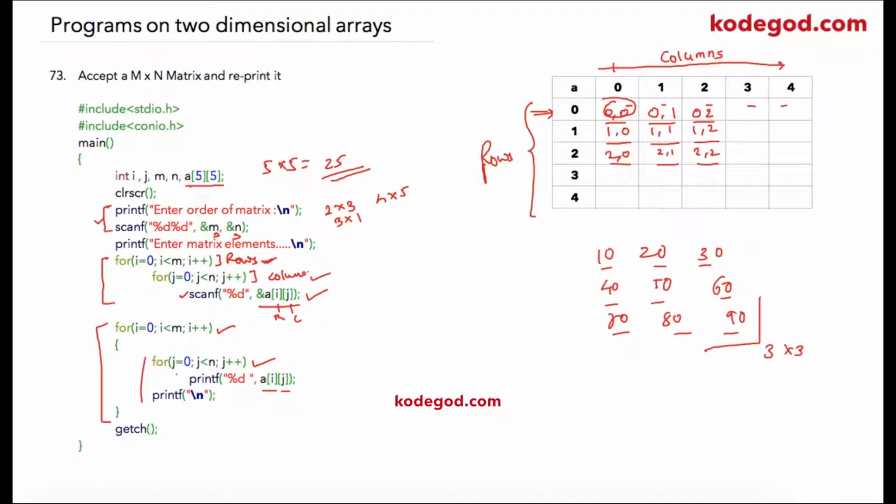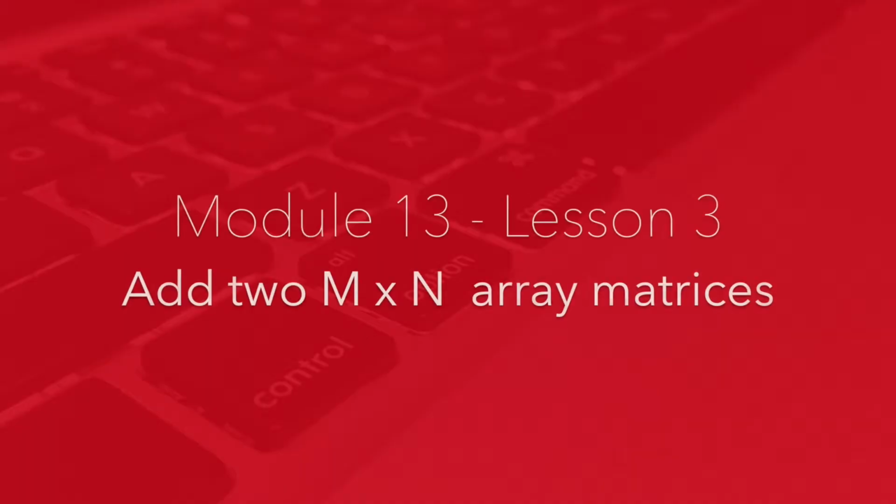Notice that after printing a row, I have written \n so that once a row is printed, the cursor will move on to the next line with the help of this \n. So you'll get the complete picture of how your matrix will look on the screen. An important thing to notice is that while asking values from the user, we are using ampersand a of ij, and at the time of printing, we are using simply a of ij.